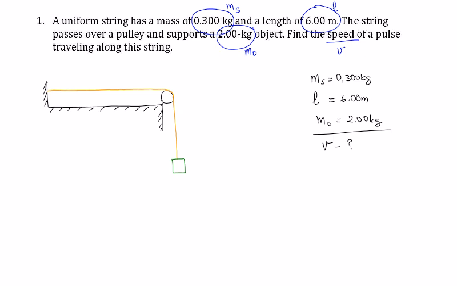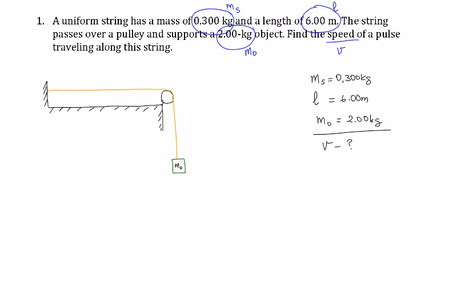Okay, so this is the picture that I drew for the situation where we have a string that supports the object. Here is the mass of the object, and then we have the entire length to be 6 meters. From this point, I am thinking, what do I know about the speed of a pulse?